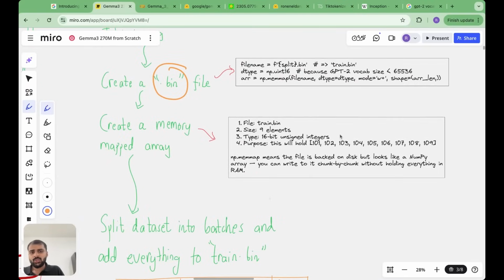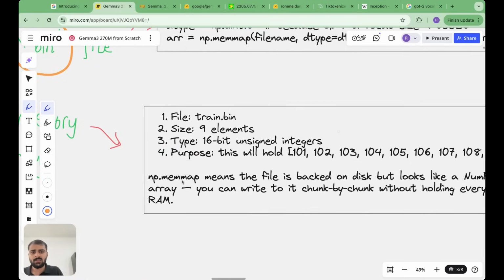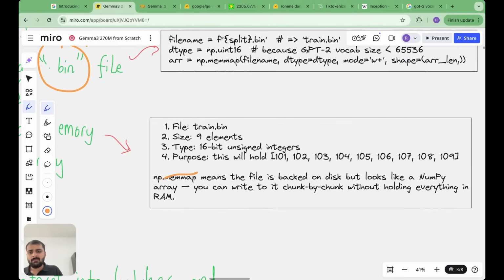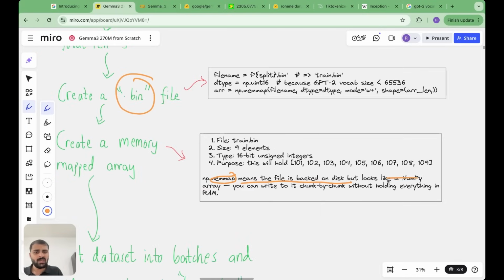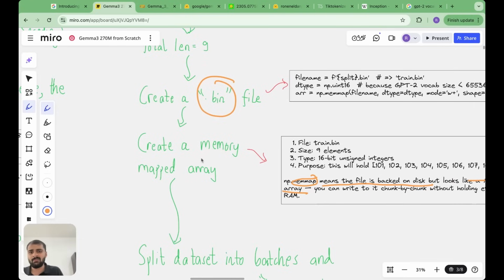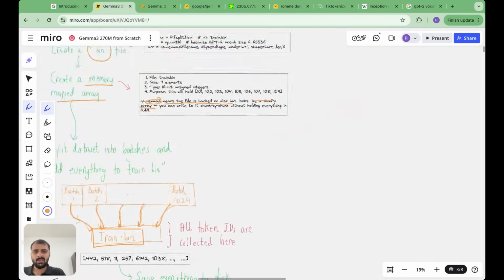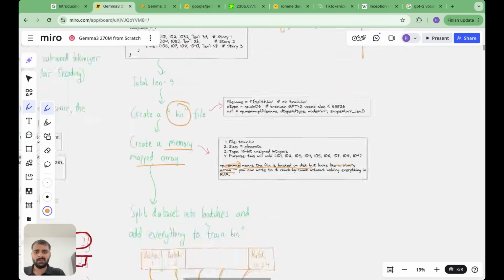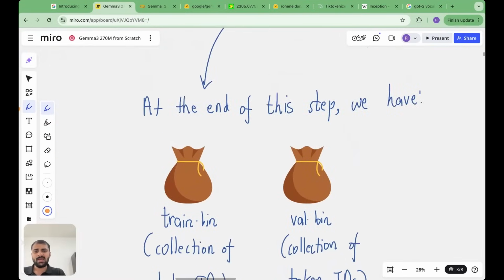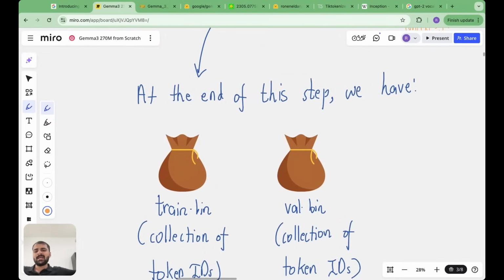The way I ensure that my file is saved on disk is that I will create an np.memmap, which means the file is backed on disk. It looks like a numpy array, but it will be backed on my disk when we create a memory mapped array. You will see this when we code right now. So I'll create one train.bin and one validation.bin. Essentially, imagine that at the end of this step, we have two big bags.